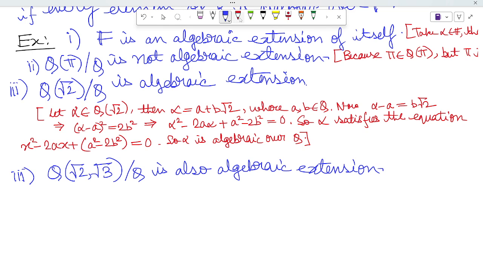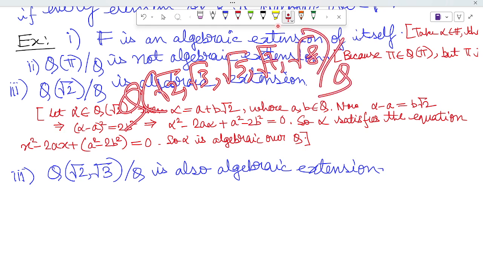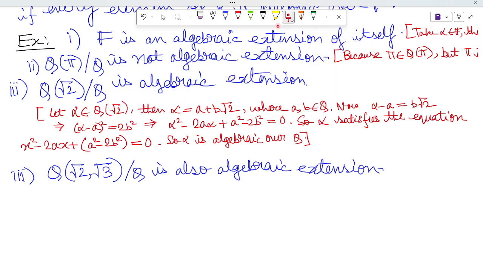hefty for this. Suppose I tell you Q root 2, root 3, root 5, root 7, root 8 over Q. Is this algebraic or not? You need to consider a general element from that bigger field which I just wrote there.